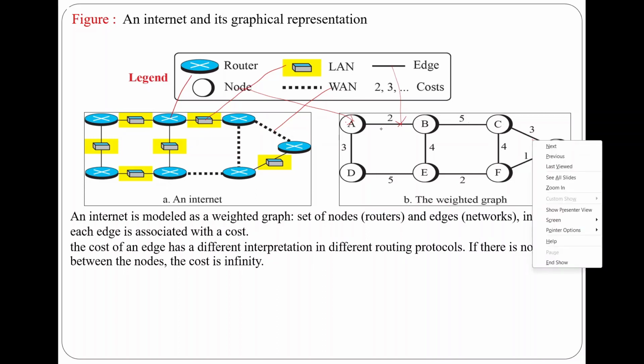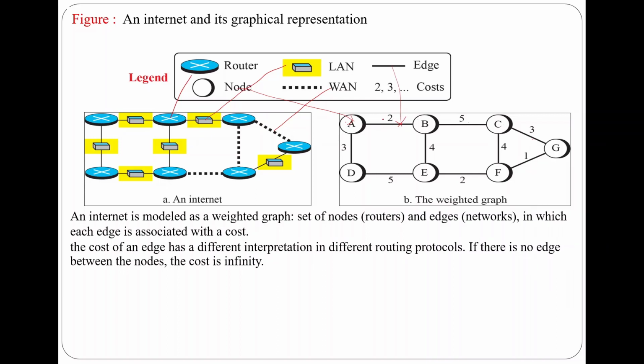Here you can have a doubt about what these values represent. These values represent the cost, that is, metrics. Here we are using these numbers to represent the link cost. If you talk about delay, this particular link provides a delay of 2, and this particular path provides a delay of 3.